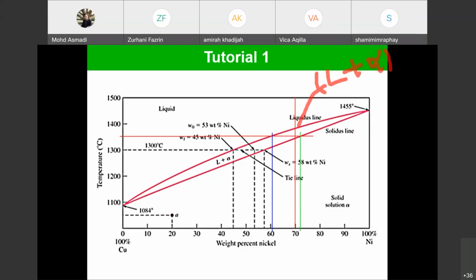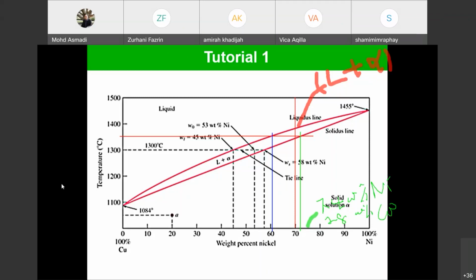Here you can see, this one is around 74 weight percent of nickel, and the rest is 26 weight percent of copper.